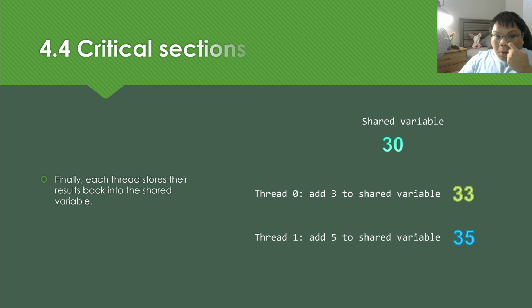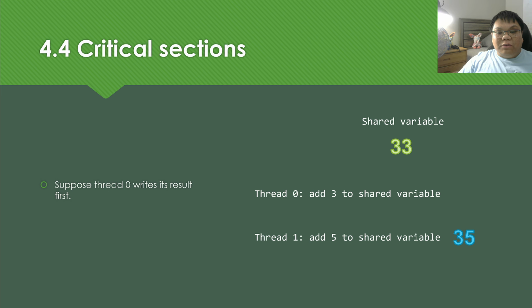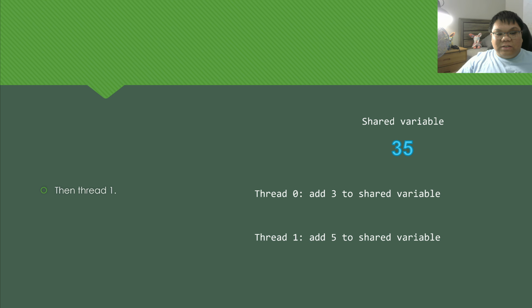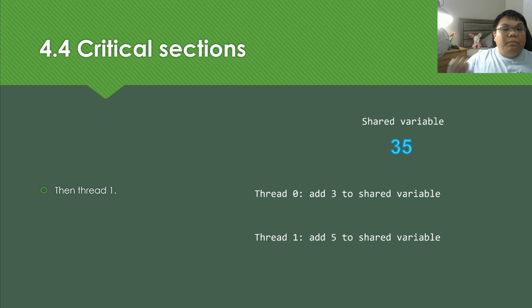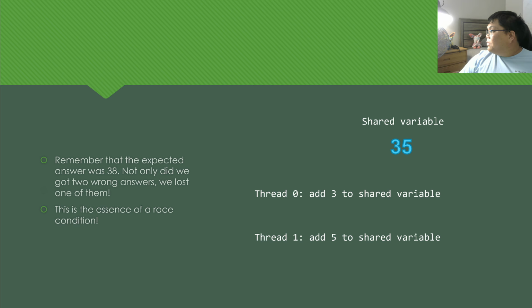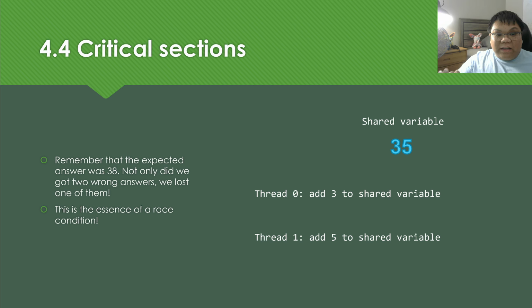And now, each thread is going to store its result back into that shared variable. So one thread stores the number 33, and another thread stores the number 35. However, it's also possible that it might be the other way around. So the 35 gets stored first, and then the 33. But the expected answer is supposed to be 38. Not only did we get two wrong answers, we lost one of them. This is a race condition.